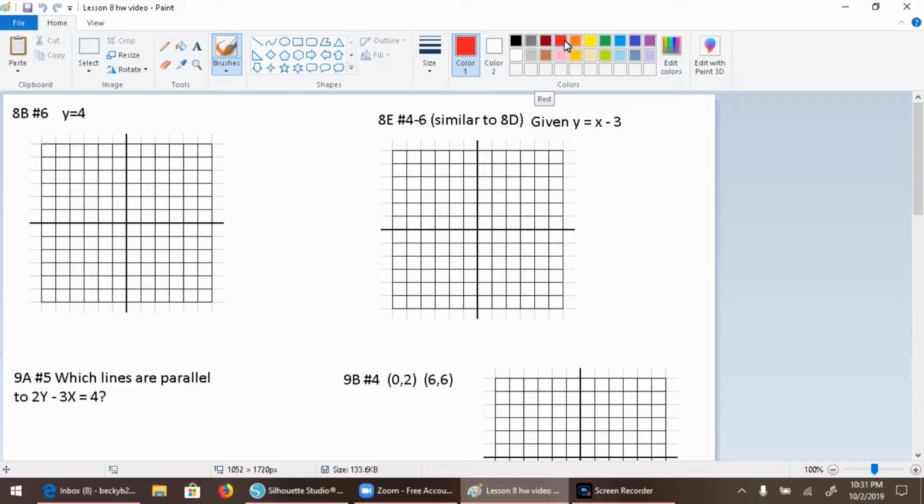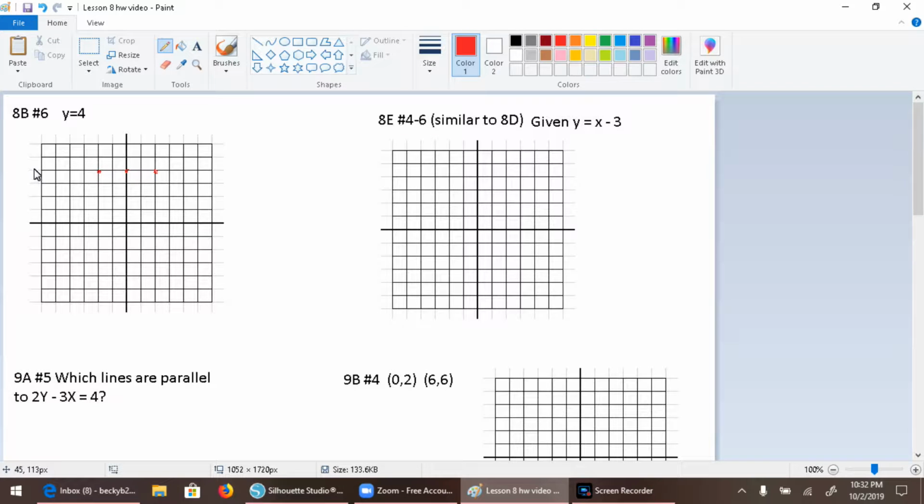So whether x is equal to 0 and y is equal to 4, or x is equal to 2, y is equal to 4, or x is equal to negative 2, y is equal to 4.